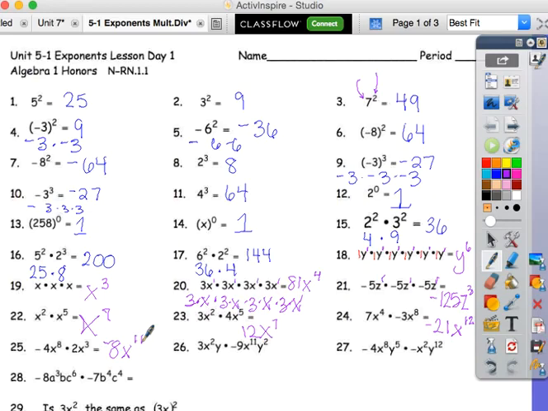Okay? Still multiply the coefficients first. 3 times -9. -27. Now, we have an x squared, and we have an x to the 11th. Those are the same base. So we're going to put x to the 13th power.